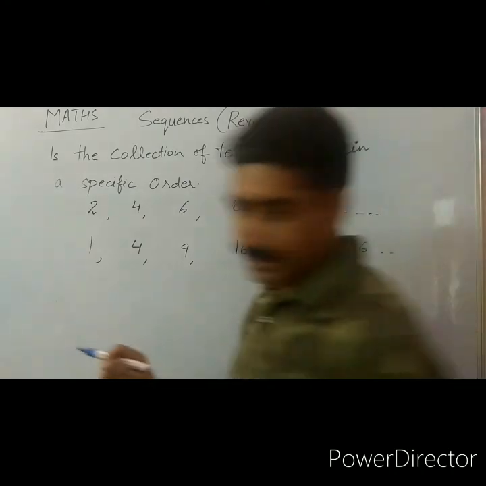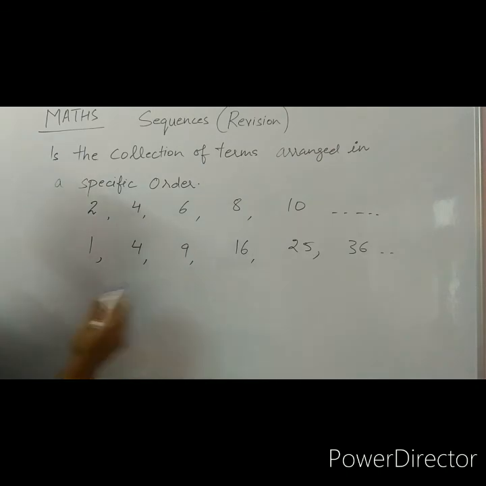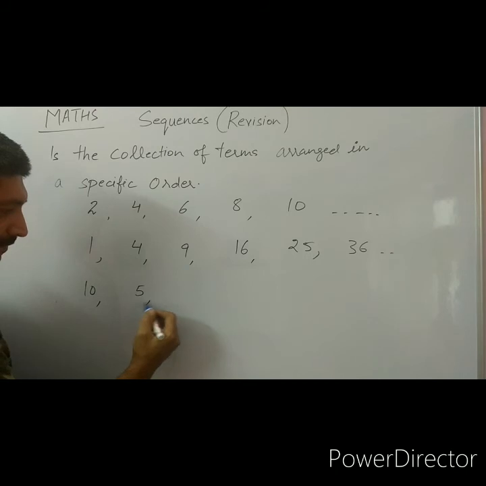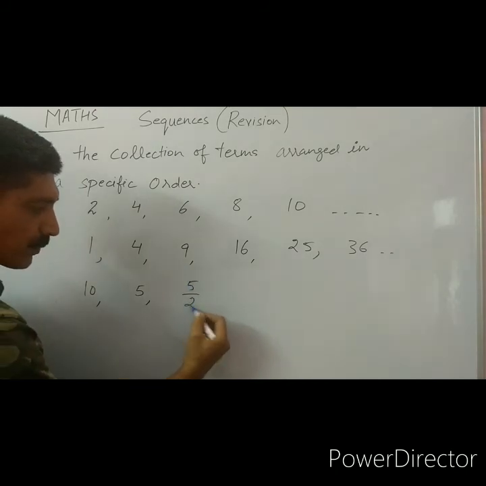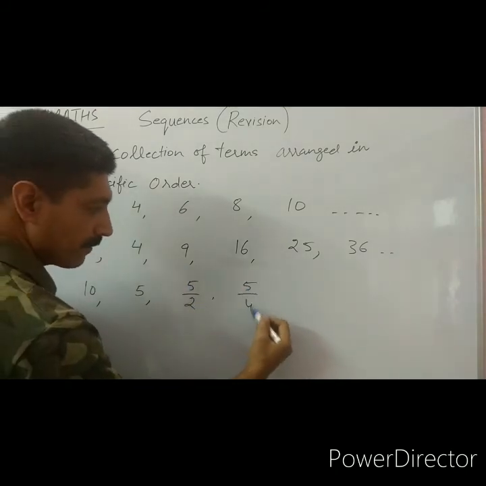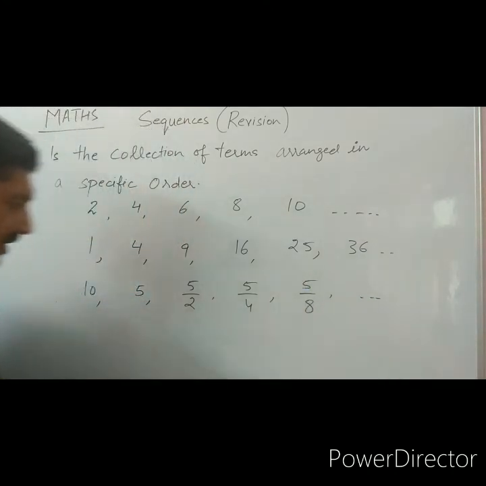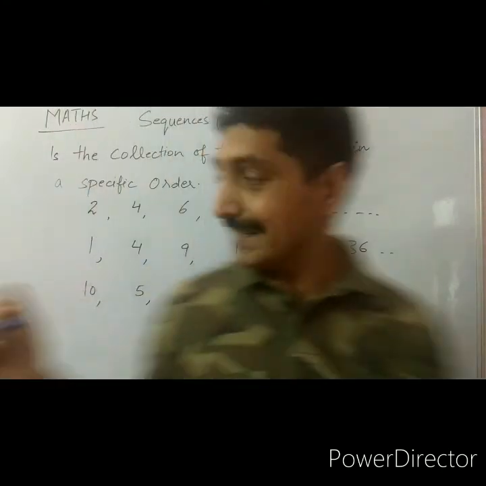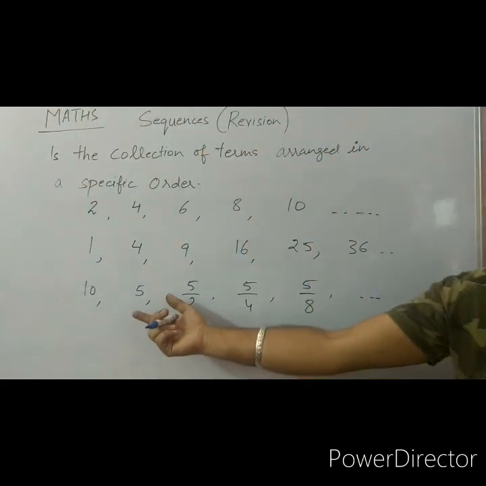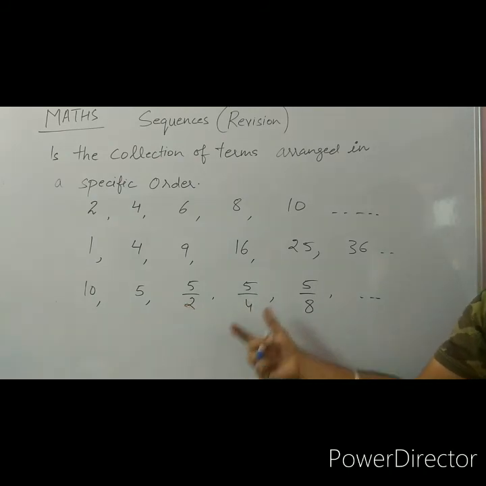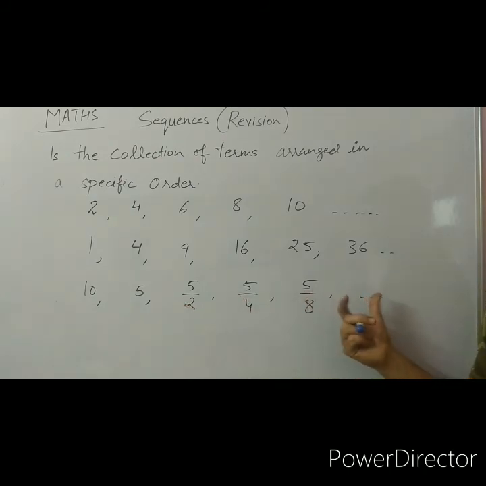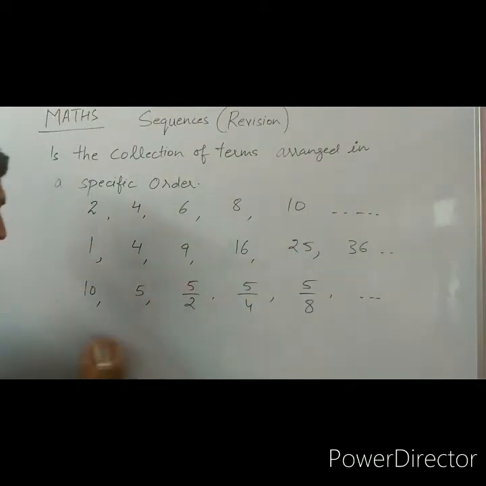Let's take one more example: 10, 5, 5 by 2, 5 by 4, 5 by 8, and so on. Here the first term is 10, second 5, third is 5 by 2, then 5 by 4, and 5 by 8.